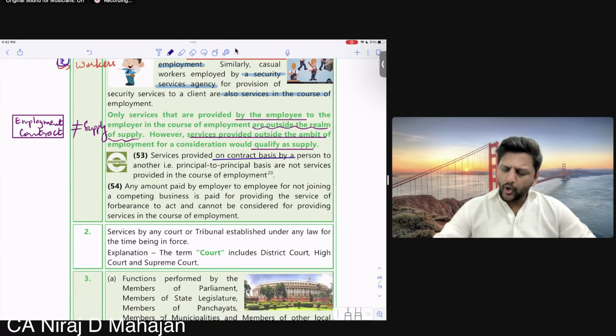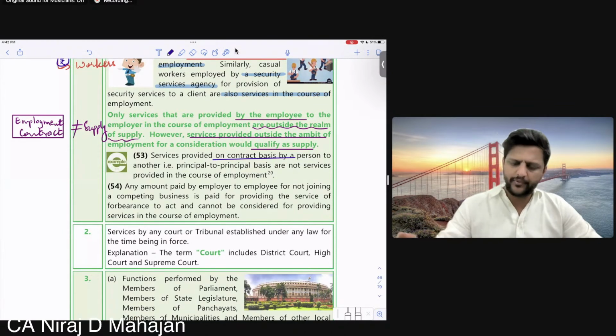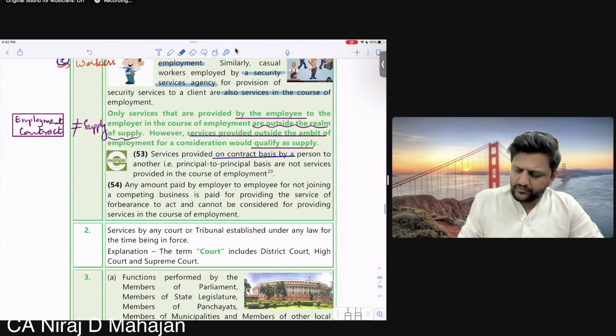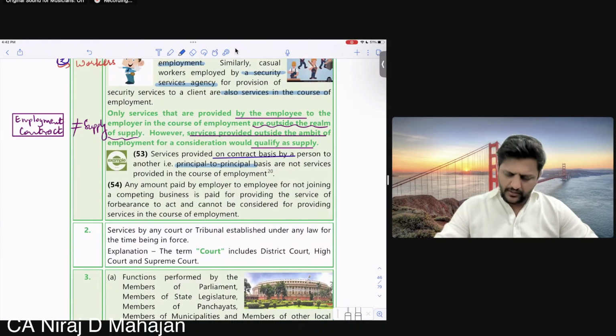Services provided on a principal to principal basis are not services in the course of employment, because you are clearly using the words principal to principal. Or let us say, for example, a consultant, or an associate person, not an employee.